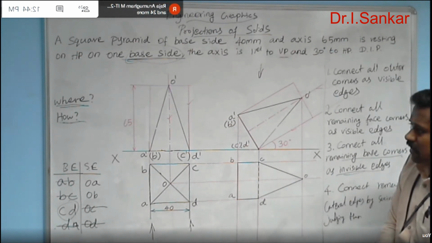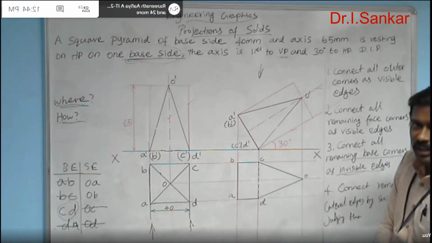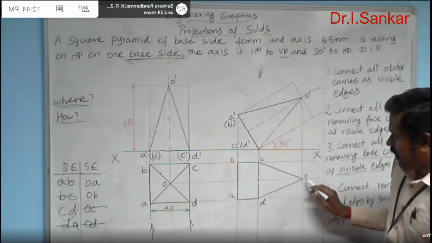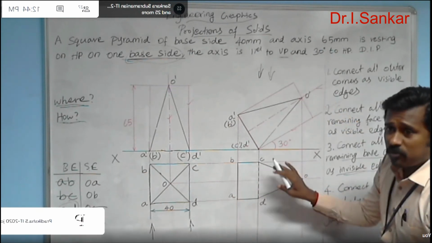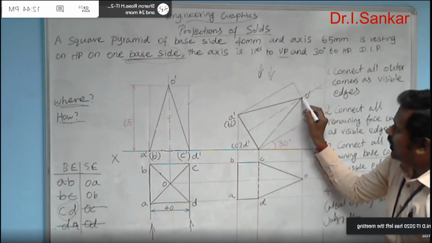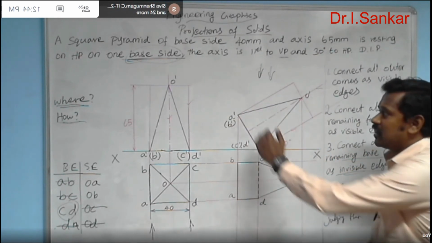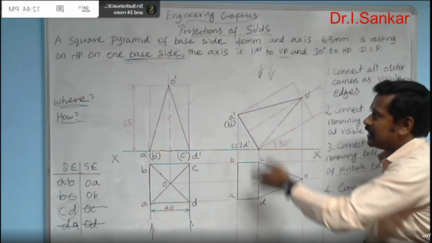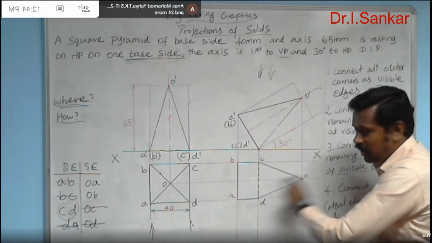To identify whether they are visible or invisible, you just need to have a look at the drawing. We are processing only with the top view, that's why I am asking you to look from the top. When you look from the top, are the edges OA and OB visible to you or not? Are they open to your eyes or hiding below the solid? Here, they are simply visible to your eyes. So OA and OB are visible edges.